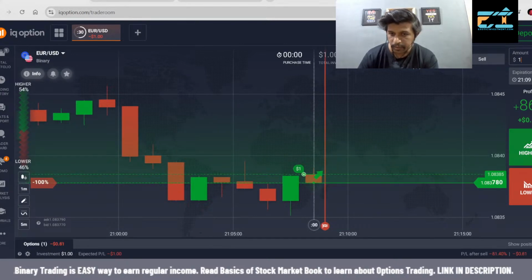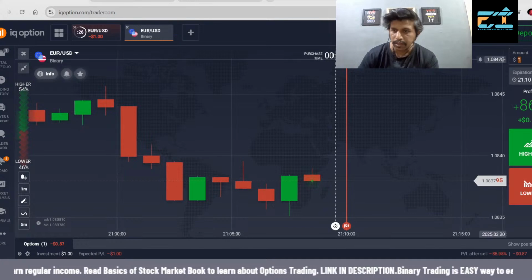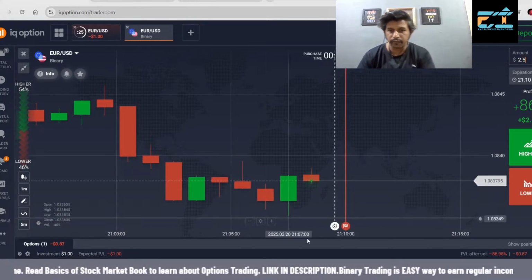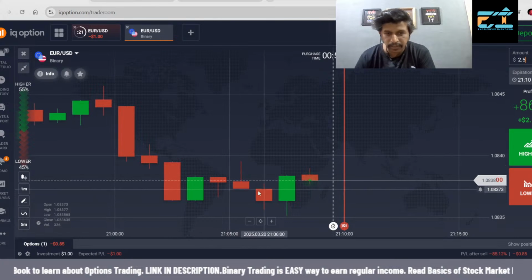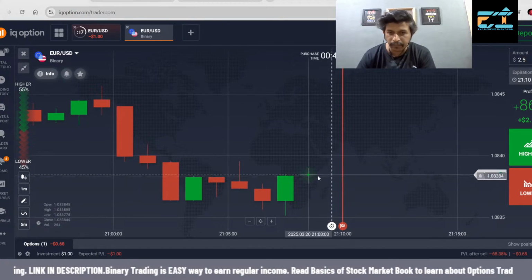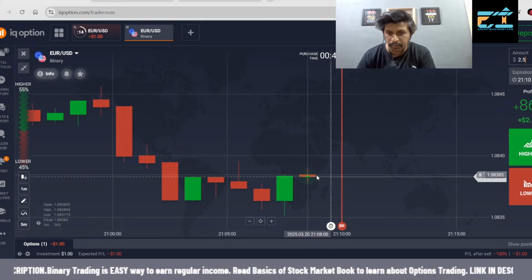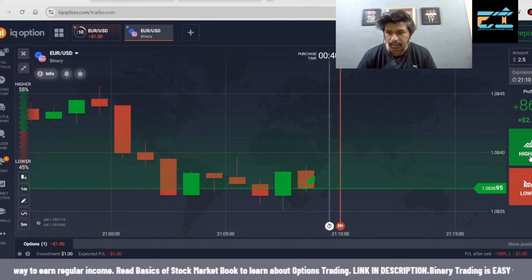29. Okay, I'm losing in this particular trade. Have to be ready for $2.5. A trend has actually formed, trend break has actually formed, and if it doesn't turn out to be okay, now I'm losing in this particular trade.